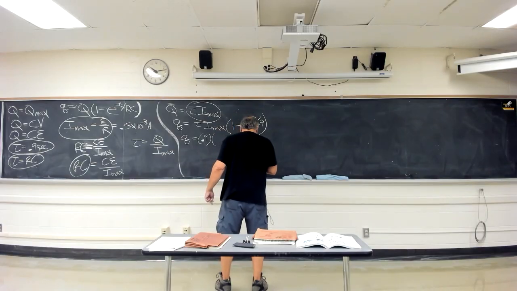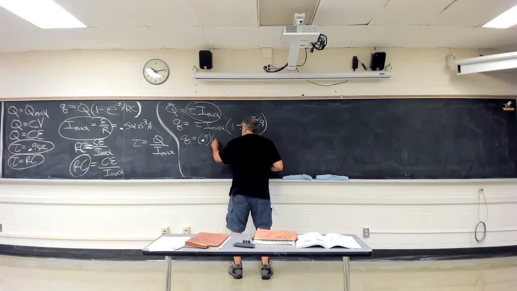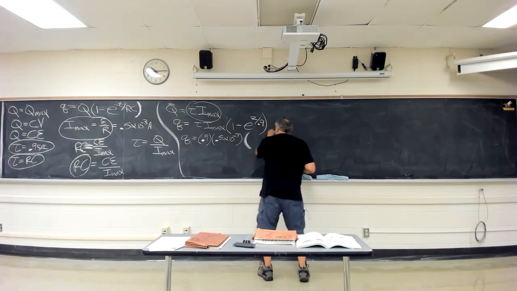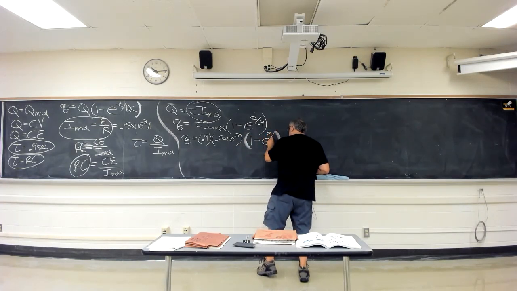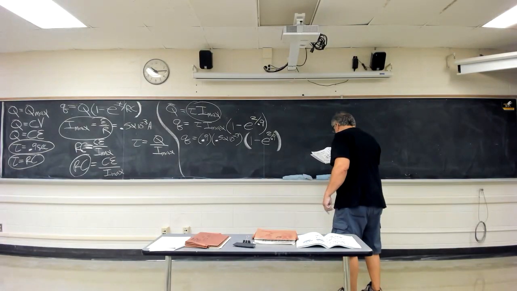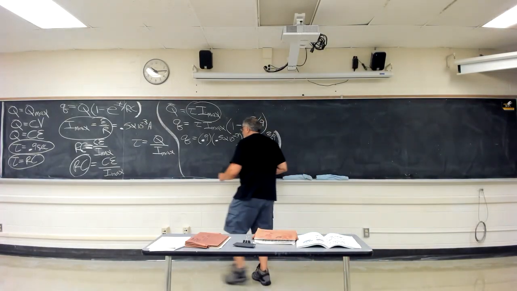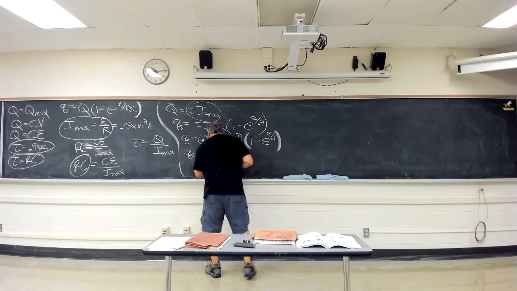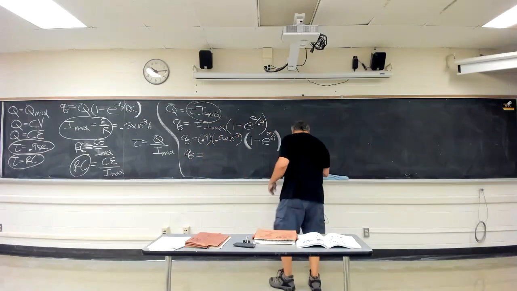Tau is 0.9 times 0.5 times 10 to the negative 3 is this. You got this. Again, luckily we have calculators, right?